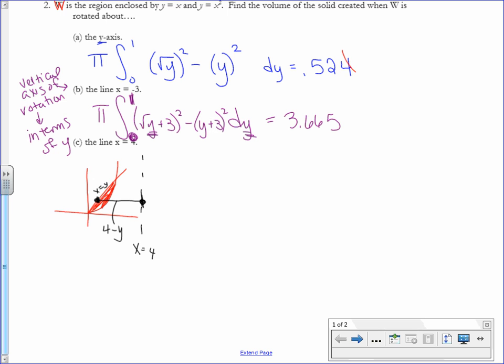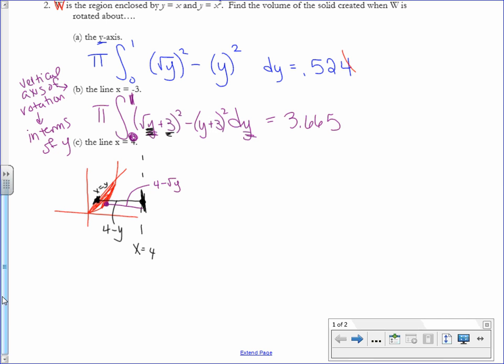Above I did right minus left, but above the square root of y was on the right and negative 3 was on the left. Down here, 4 is on the right and the equation x equals y is on the left, hence 4 minus y. My inner radius goes from 4 to the curve, to the parabola. So that's going to be this purple inner radius, 4 minus radical y.